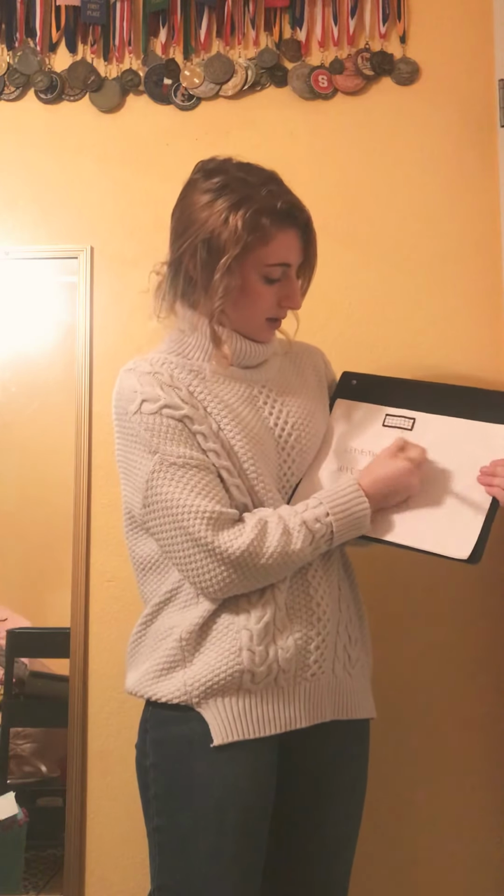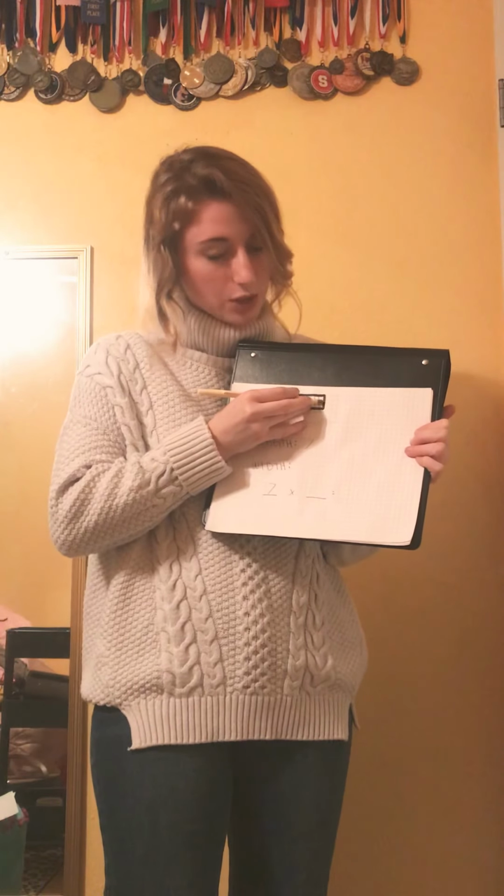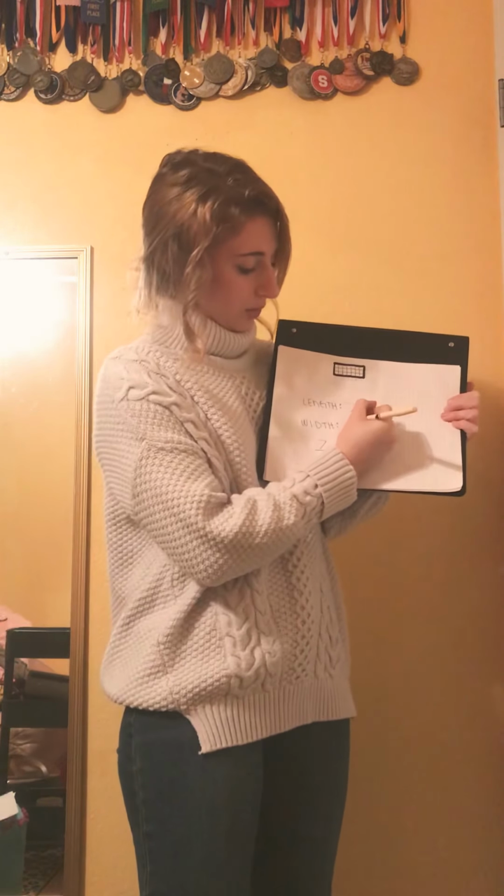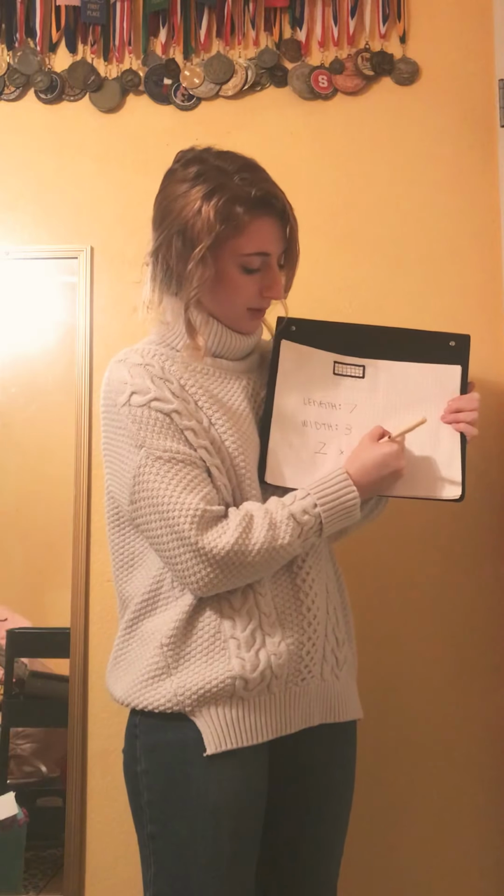Then we need to fill in these two blanks and get our number. So the length is, and we can count the squares, 1, 2, 3, 4, 5, 6, 7. You'll put 7 right here and 7 right here. The width is 1, 2, 3. Put 3 right here and 3 right here.